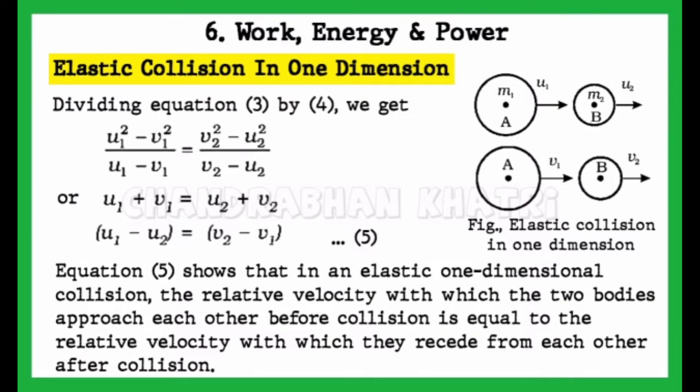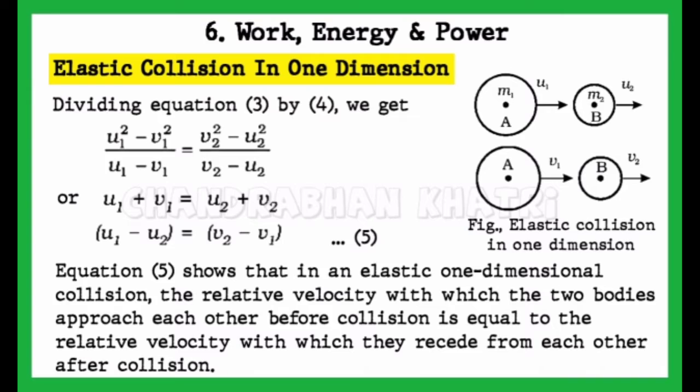Dividing equation 3 by 4, we get (u1 square minus v1 square) upon (u1 minus v1) is equal to (v2 square minus u2 square) upon (v2 minus u2). After solving this, we get u1 plus v1 is equal to u2 plus v2, or we can write u1 minus u2 is equal to v2 minus v1.